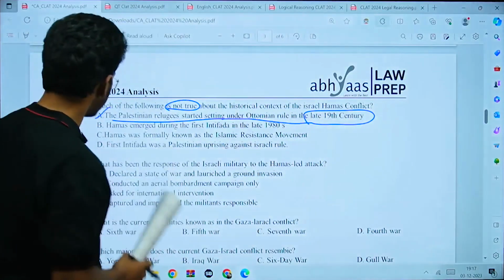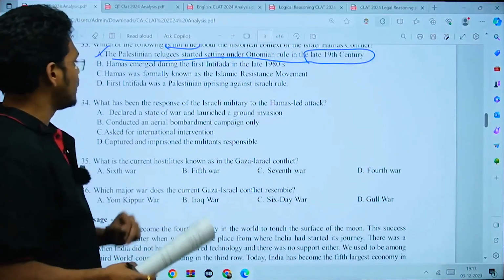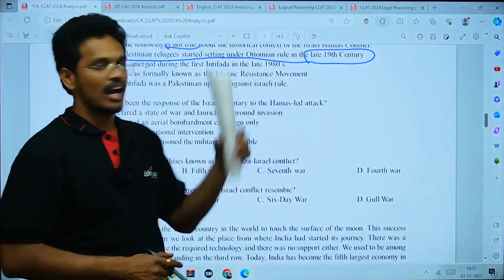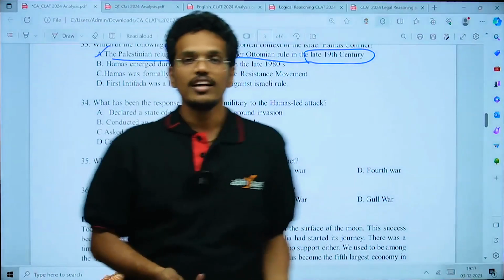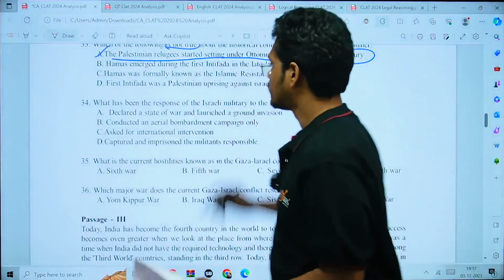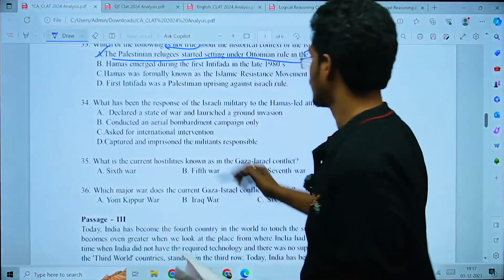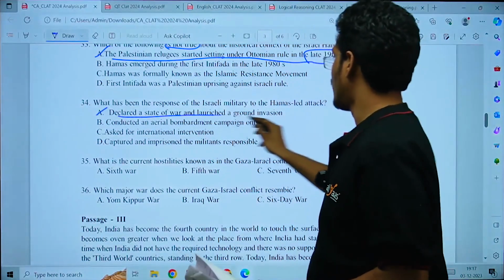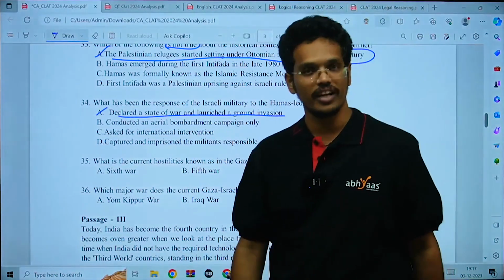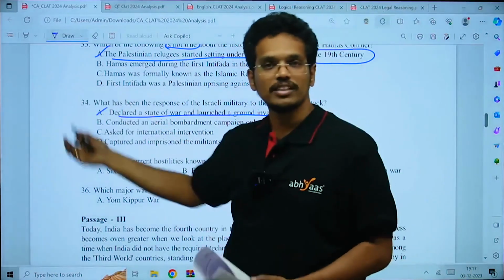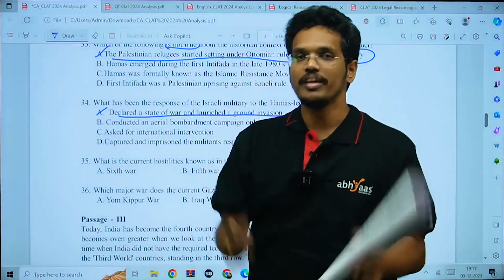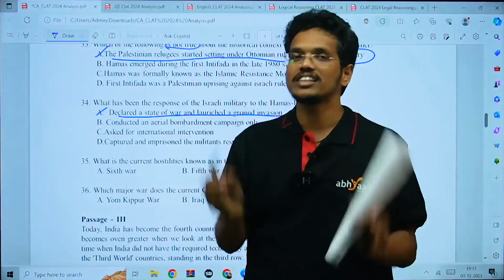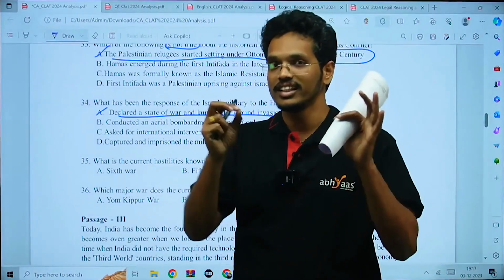Direct observation. What has been the response of the Israeli military to the Hamas-led attack? So how did Israel react to this? Declared a state of war and launched a ground invasion. After Hamas attacked Israel, Benjamin Netanyahu gave a direct statement that Israel is in a state of war.